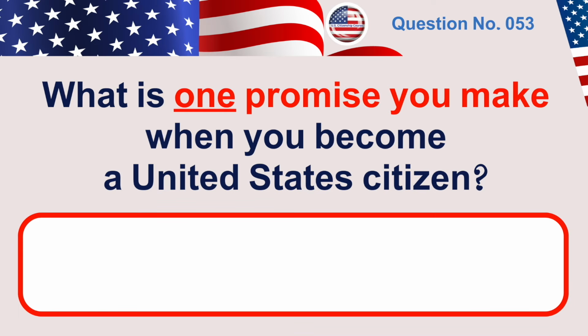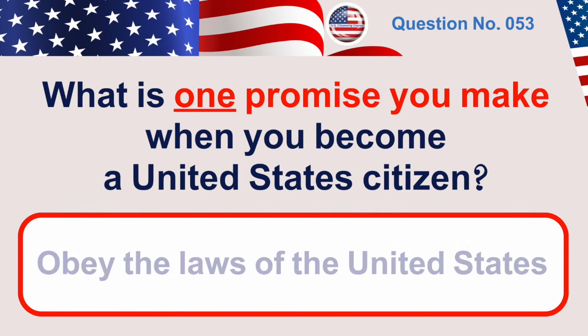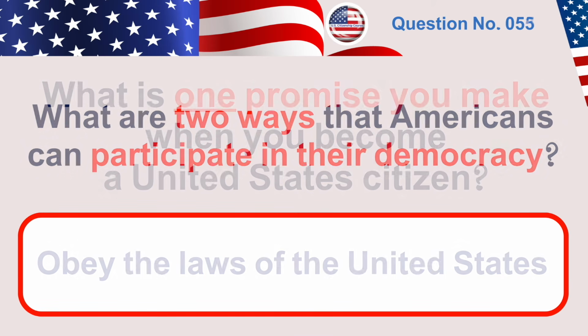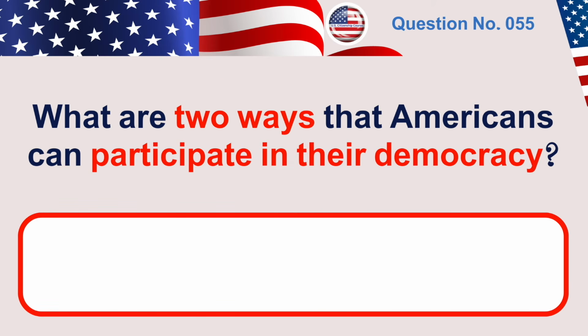What is one promise you make when you become a United States citizen? Obey the laws of the United States. What are two ways that Americans can participate in their democracy?